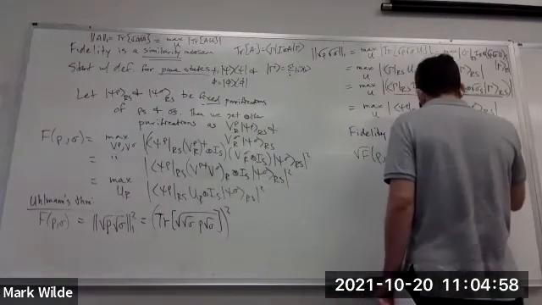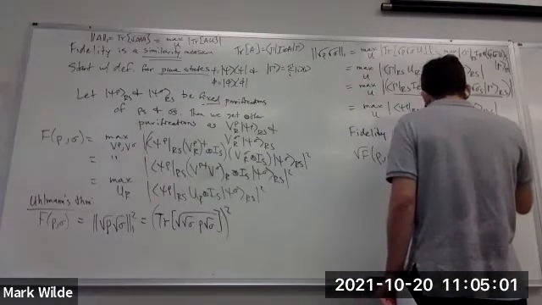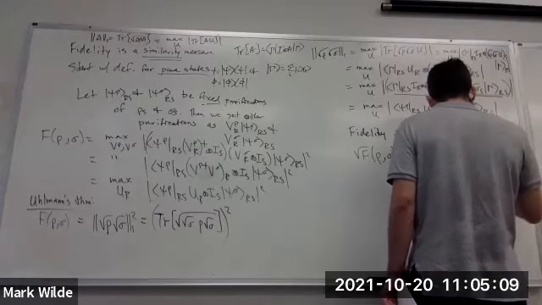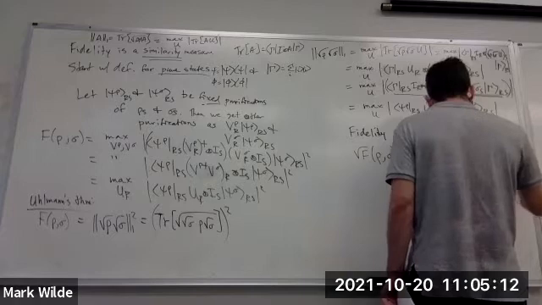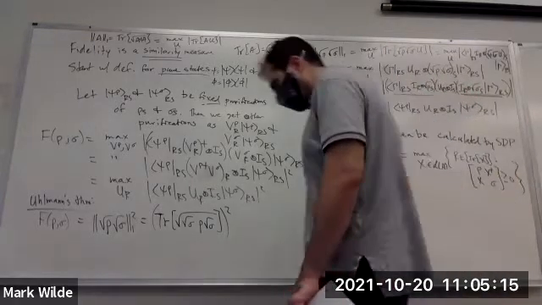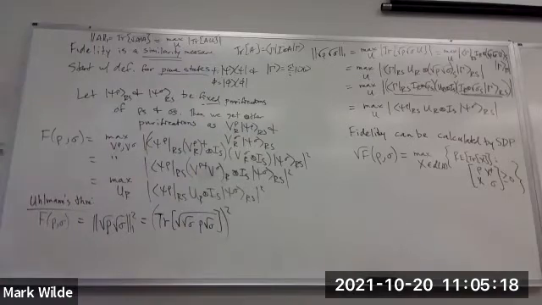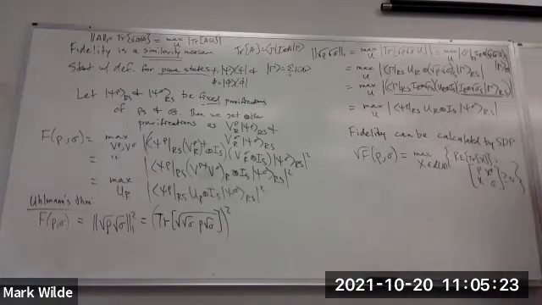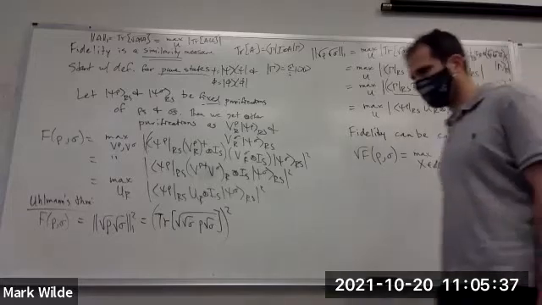Your objective function is the real part of the trace of X, subject to this nice constraint: the block matrix with rho, X, X dagger, sigma is positive semidefinite. That's a nice formula. As a reminder, the real part of trace X is the same as trace of X plus trace of X dagger, over 2.